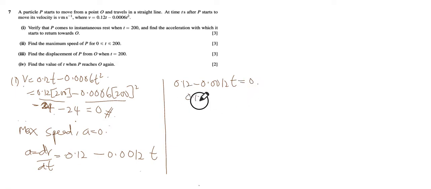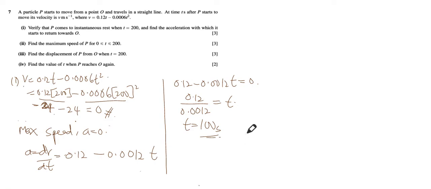From there, divide 0.12 by 0.0012 to find t, and t is 100. So on the 100th second, the particle reaches the maximum speed.